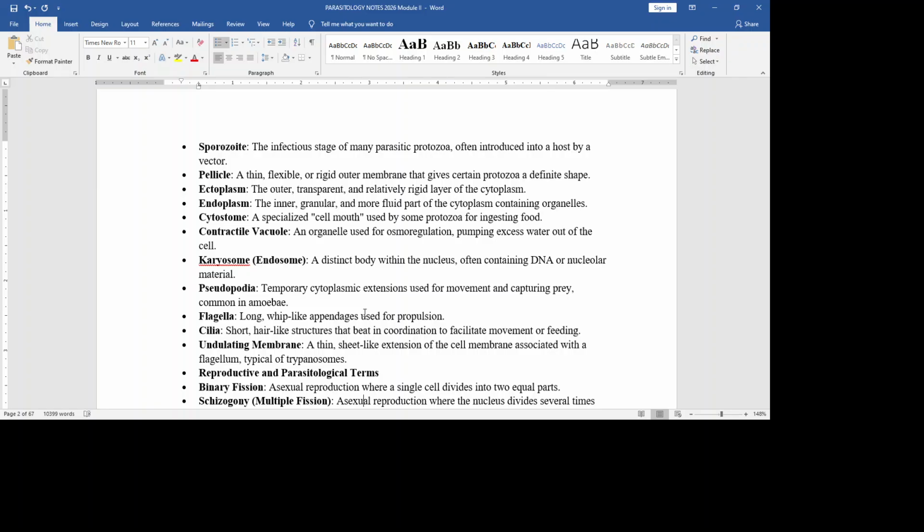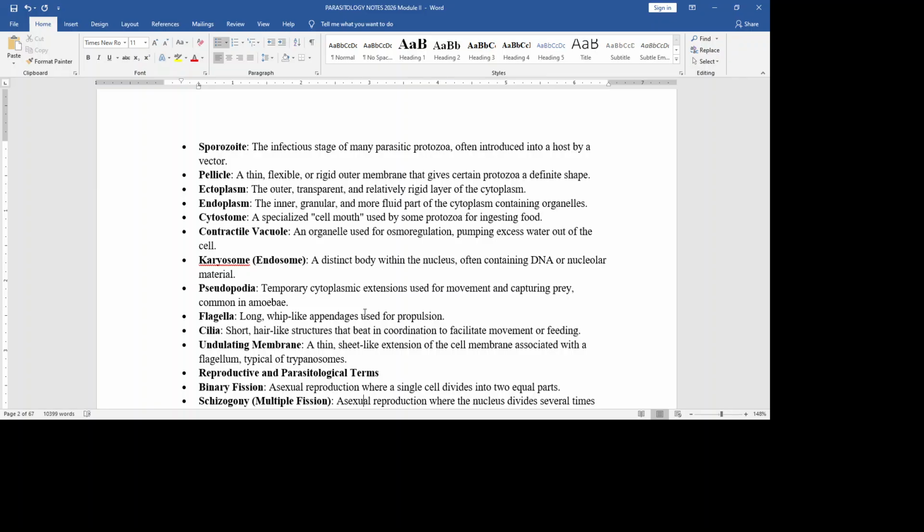Then we have cilia, which are short hair-like structures that beat in coordination to facilitate movement and feeding where they occur. And these two, flagella and cilia, are common locomotor structures, which I hope you conveniently covered when you were doing your cytology and histology. Then we have the undulating membrane.